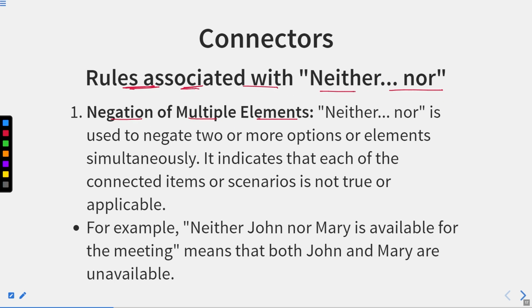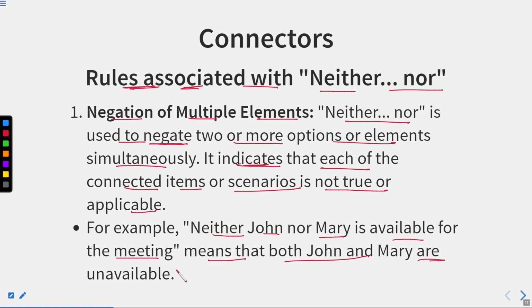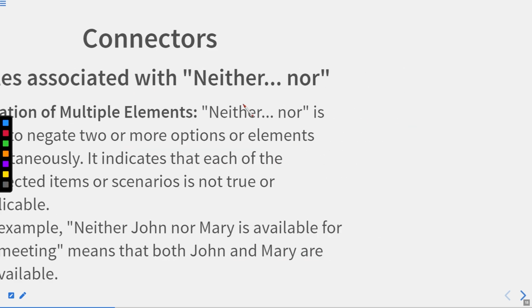Negation of multiple elements. Neither nor is used to negate two or more options or elements simultaneously. It indicates that each of the connected items or scenarios is not true or applicable. For example, neither John nor Mary is available for the meeting means that both John and Mary are unavailable. So first of all, it negates multiple elements. So this is the primary rule of neither nor.